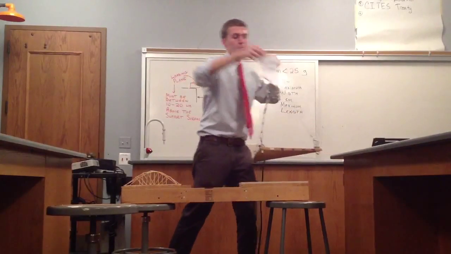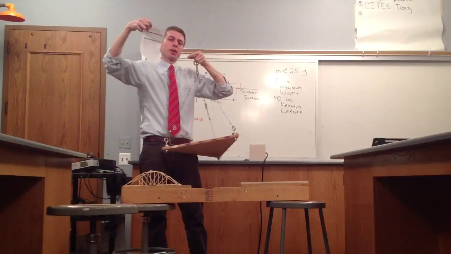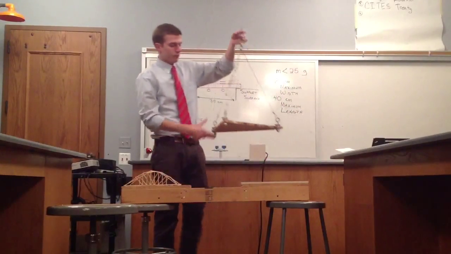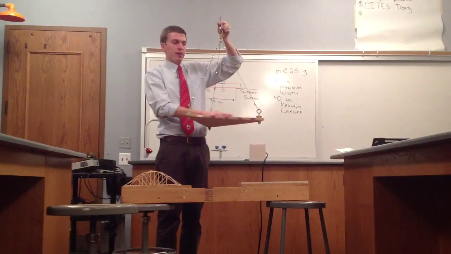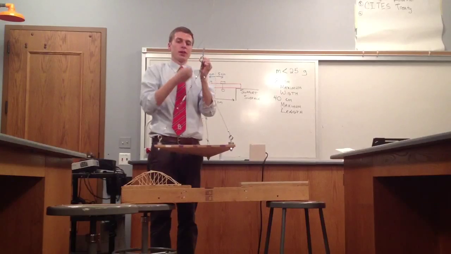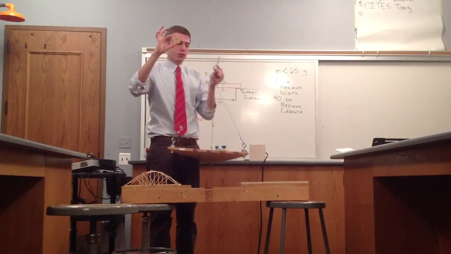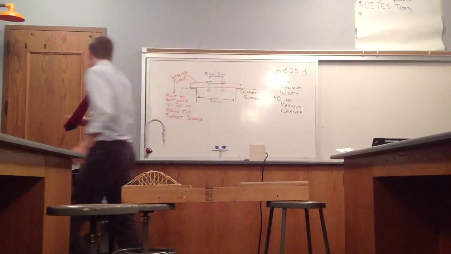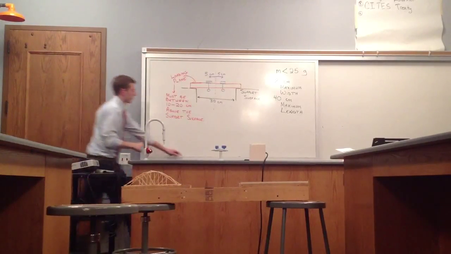The number of bricks that it supports will be recorded on this page, and then you'll turn that into the judges and you'll be done for the day. Now, this attaches to your bridge with an eye hook, this silver piece right here, and this small piece of wood. This small piece of wood is 5 centimeters by 5 centimeters.